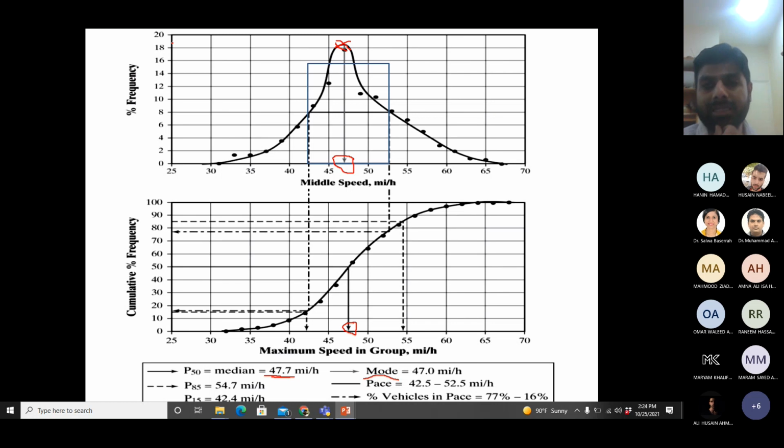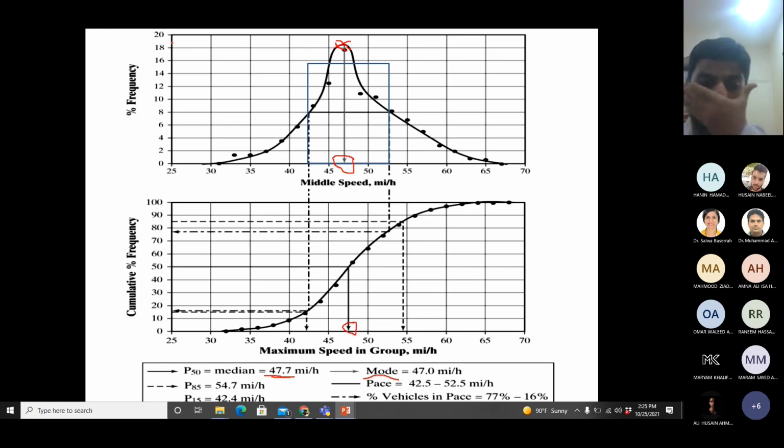The y-axis is the frequency. If you give me the value from the y-axis, you are telling me the frequency of the mode, not the mode. Mode is the value of speed on the x-axis which has the highest frequency, not the frequency of that value.